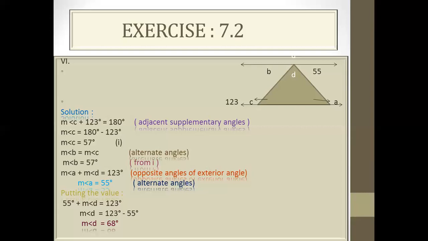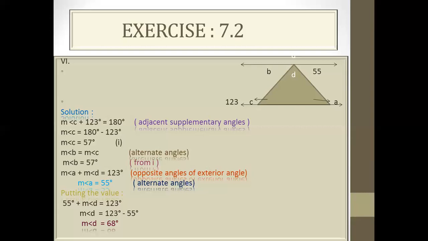We can find the value of C directly because C plus 123 are supplementary angles, and also adjacent angles. Adjacent angles are those angles which have a common vertex and lie on a straight line. The sum of supplementary angles is 180. So we write angle C plus 123 is equal to 180, and the reason is supplementary angles or adjacent angles.